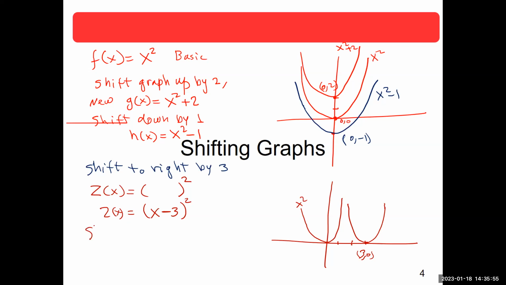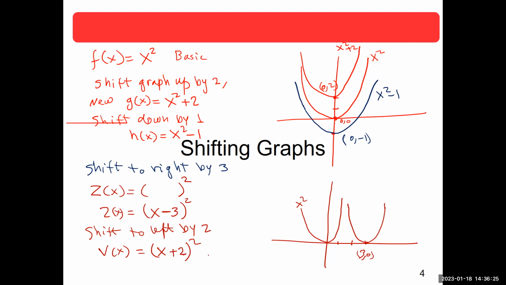If I say shift to the left, let's say by 2, then you can say v(x). Always write a new function because they are not the same. Open parentheses, put the power, whatever the power, could be 2, 3, or 4. Then inside you put x plus 2.